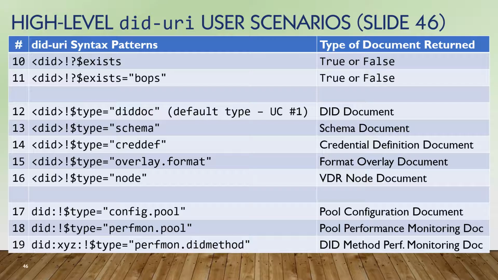It doesn't say you have to reconstruct or deserialize a DID document to determine if it exists. This gets passed again to the parsing and processing pipeline, to the parser, the semantic analyzer, and the optimizer. And so the optimizer, in the case of Hyperledger Indy, might say, I just have to check if the NYM is there. If the NYM is there, then that's a shortcut I can use.